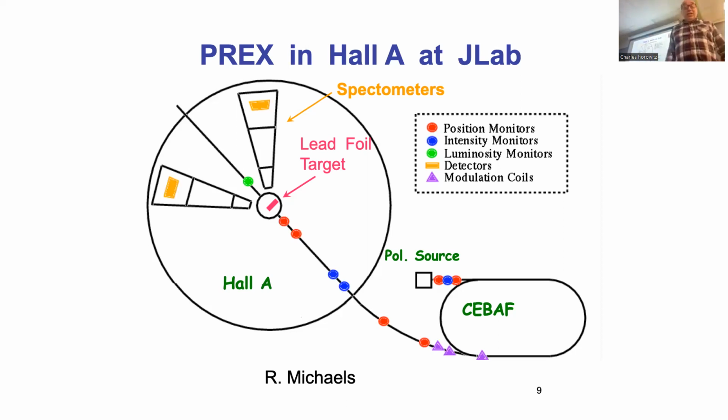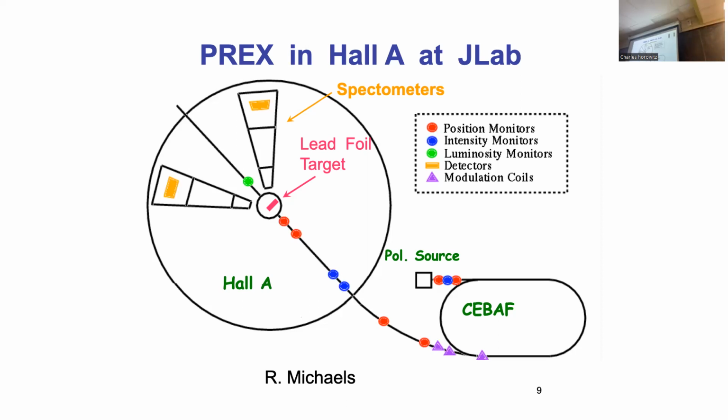And all these targets are cheap compared to the calcium-48 target that we used for CREX, but I'll get to that. The scattered electrons are collected in two 5-story high spectrometers. And then all these beam monitors are crucial for controlling holistically correlated beam properties.